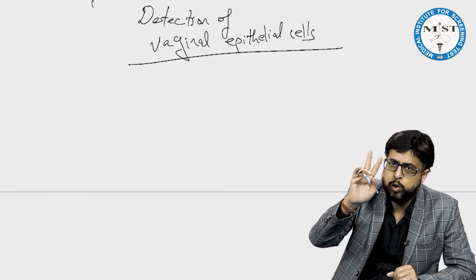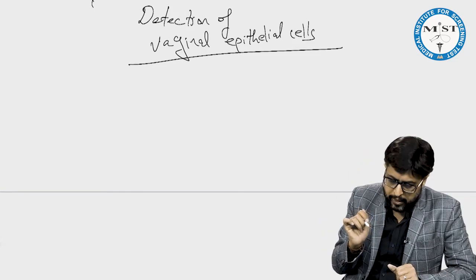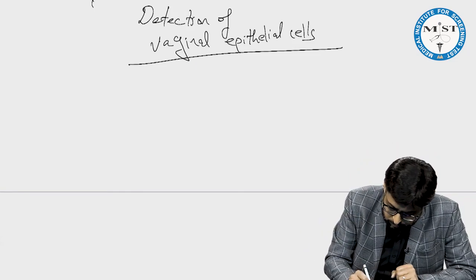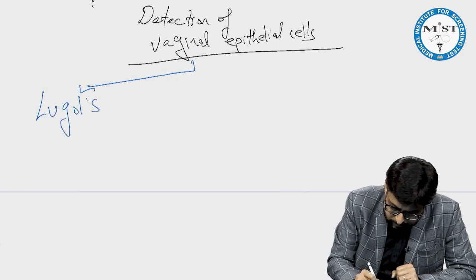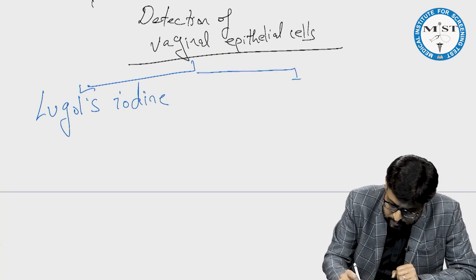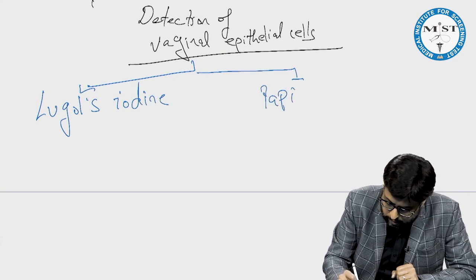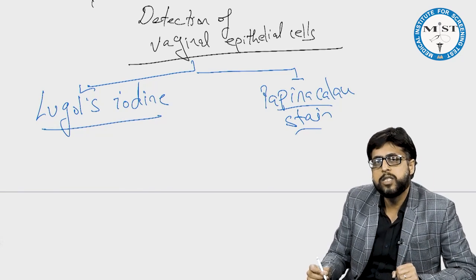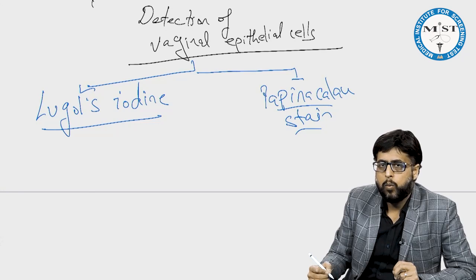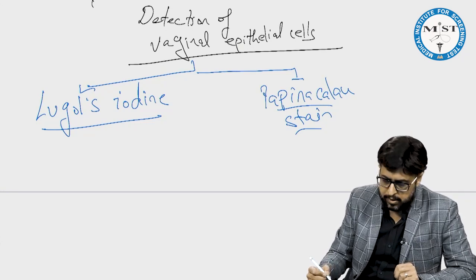There are basically two dyes used to detect vaginal epithelial cells. One is Lugol's iodine and the second is Papanicolaou stain. These are the two dyes used to detect vaginal epithelial cells.